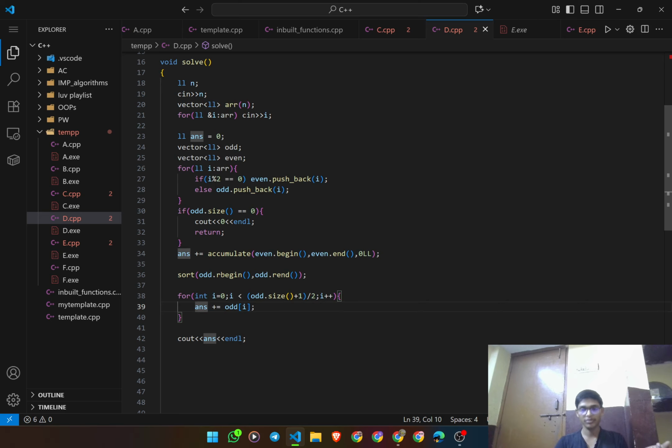Let's say we have 8, 6, 4, 2 and 1. We have consumed this 8 for the highest number of dandelions.